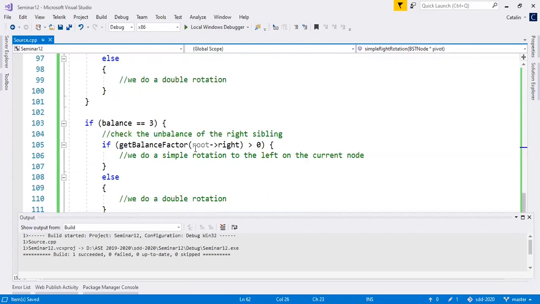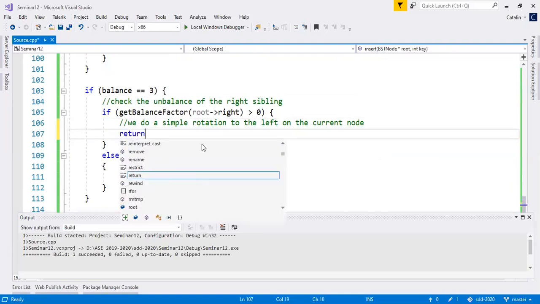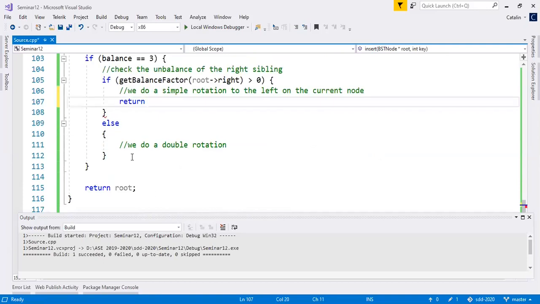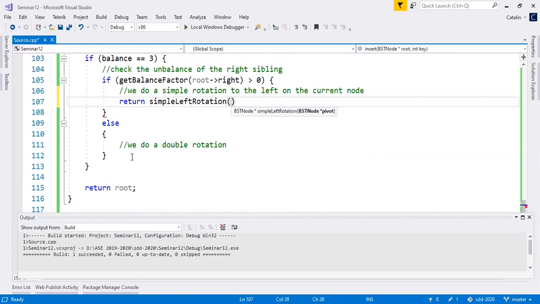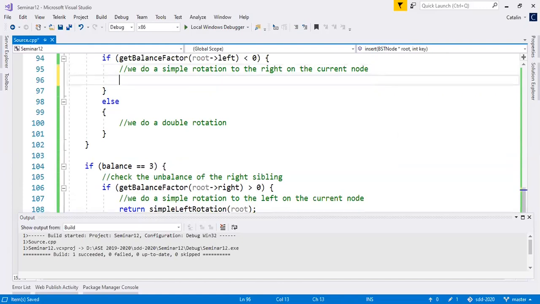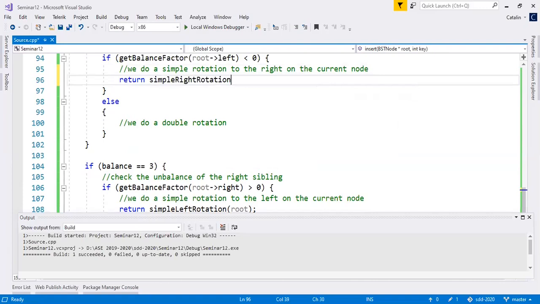So for example, here we do a simple rotation to the left on the current node, which means here we return, because I want to return the new root. So here it's a return simple left rotation on root. And here you do a return simple right rotation on root.